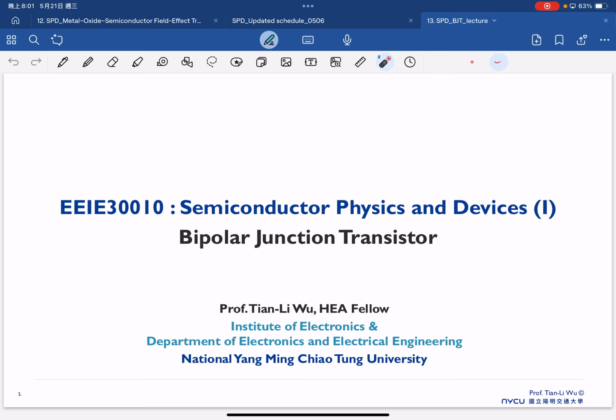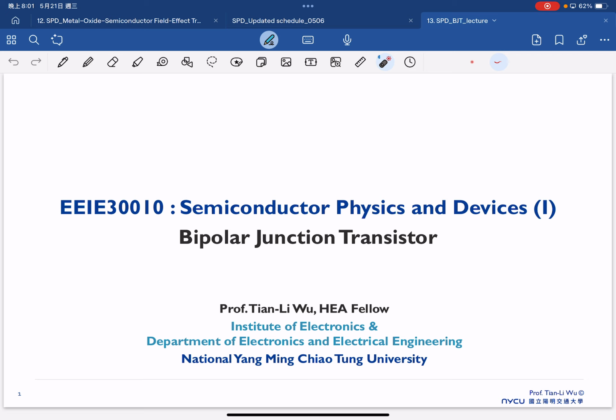It's not widely used, but as I said, in the MOSFET we have many parasitic PNP junctions, and these always cause some non-ideal effects that have the same physics coming from the BJT. So that's why the bipolar junction transistor is still a very important technology and needs to be well understood.